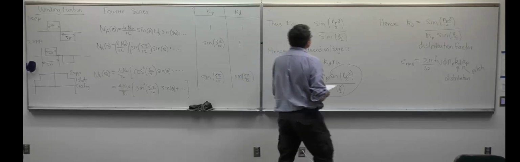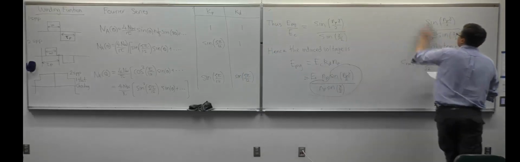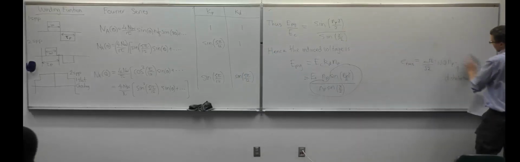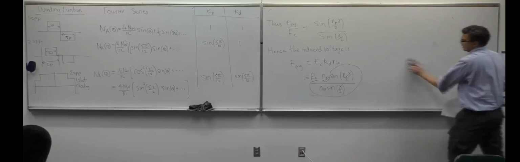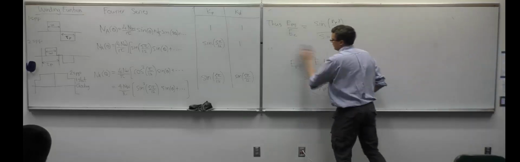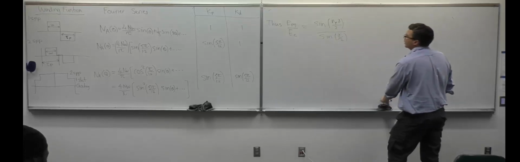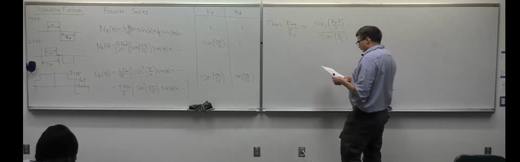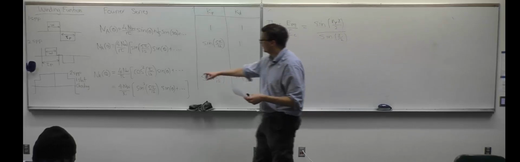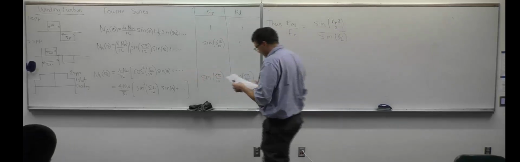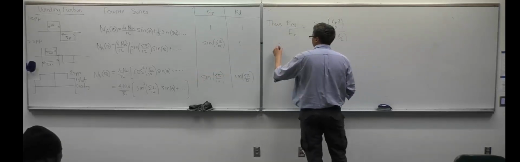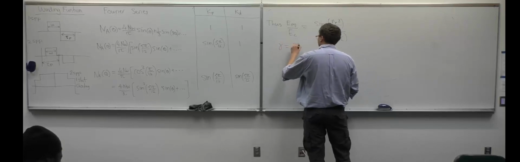We can check that with our formula. For this example here, we had 12 slots, so gamma was 30 degrees.